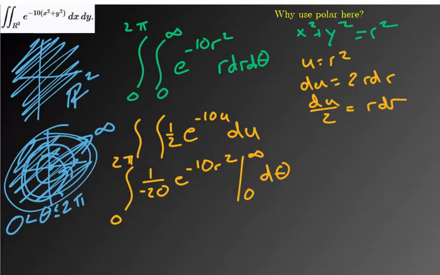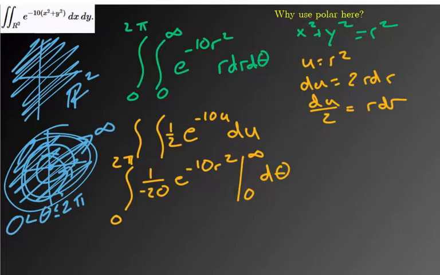If we evaluate that, if we plug in 0 here, this is 1. And if you plug in infinity, you basically get 0, because the exponent is getting increasingly large negative, so this thing is going to get real small.